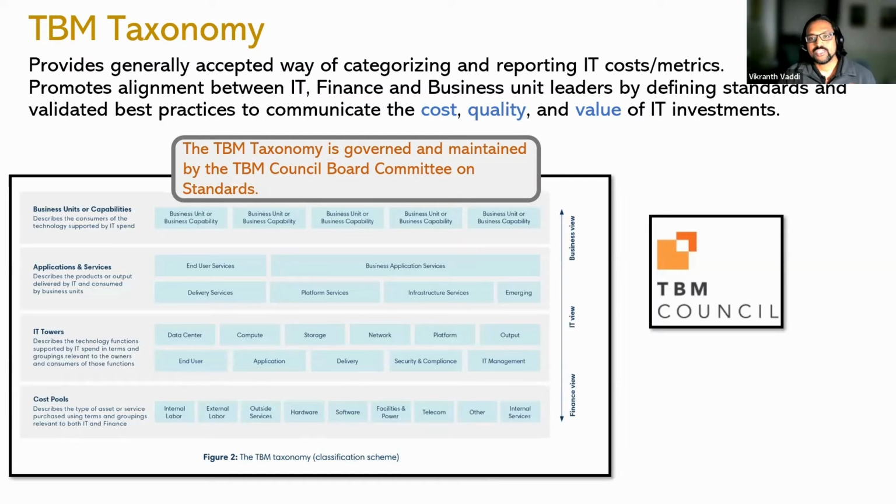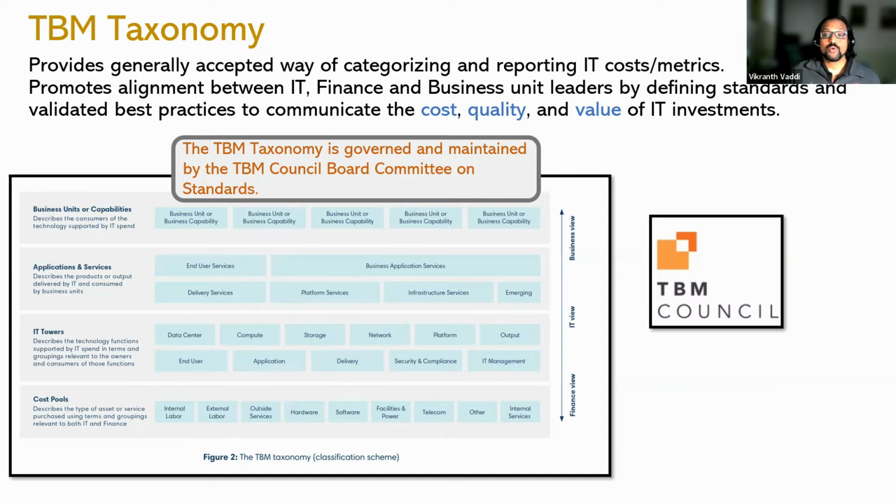So from a TBM taxonomy, I think this is where it's important to talk about the TBM Council. It's a nonprofit business entity. I believe it's more than 10,000 members. They're primarily dedicated to advancing the discipline of TBM through education, collaboration, and standards, right?